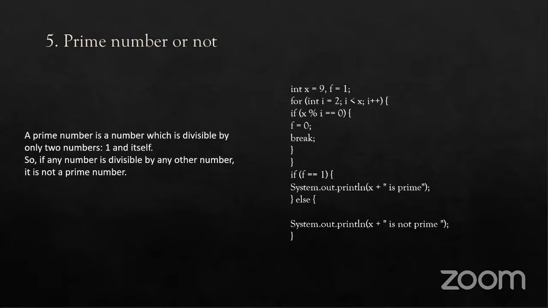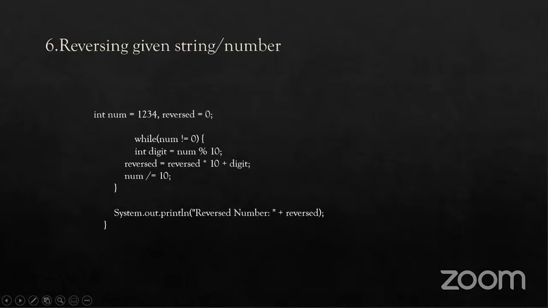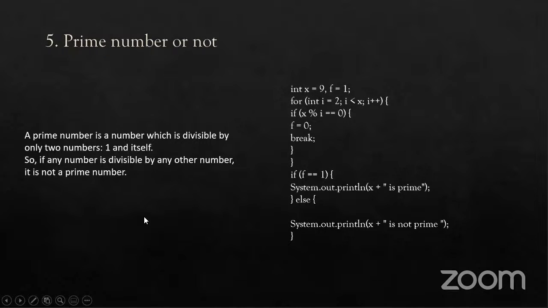Continue will skip that line only in a condition, and break will exit the entire loop. Break will exit from the loop, and continue will only skip that iteration. We can use break for this and implement the prime number logic accordingly. So this program will give us the output whether a given number is prime or not.